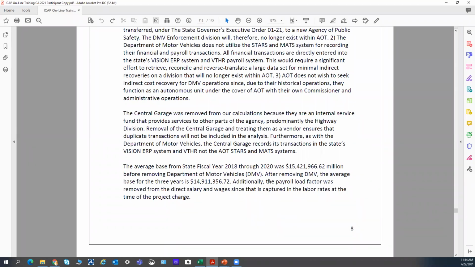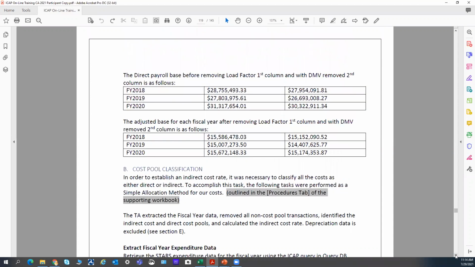Also here, they identify, and Bob mentioned it this morning, the payroll load factor, which is what they call their fringe benefit, was removed. And the reason why is because they already have a fringe rate. So any fringe benefits that are included or they charge as a separate rate are not included in here. And you'll see that once we get into the documentation.